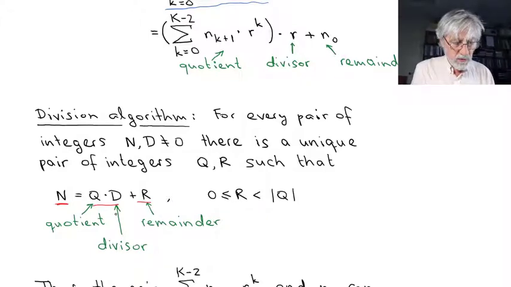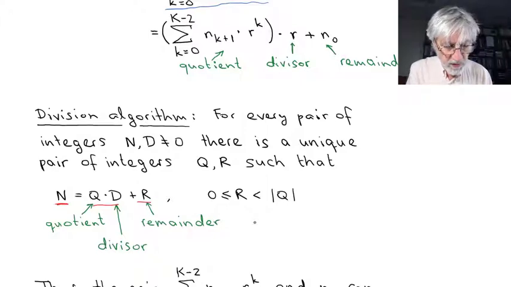And we call the D here the divisor, Q is the quotient, and R is the remainder of the division. And the condition that is needed to make this unique is that the remainder is between 0 inclusive, and the magnitude of Q, so that's the quotient.